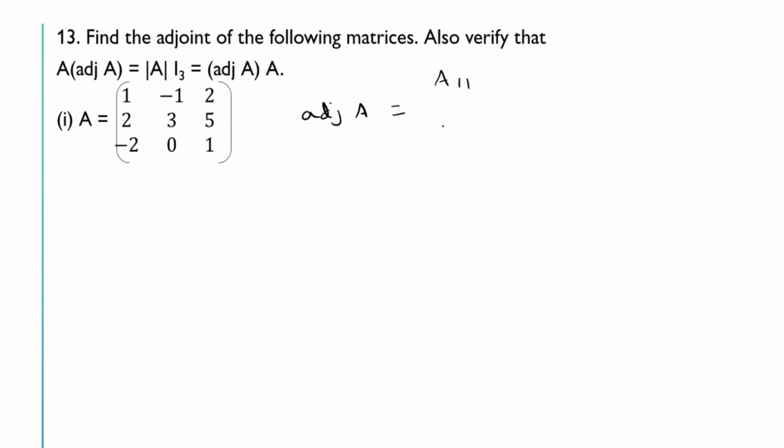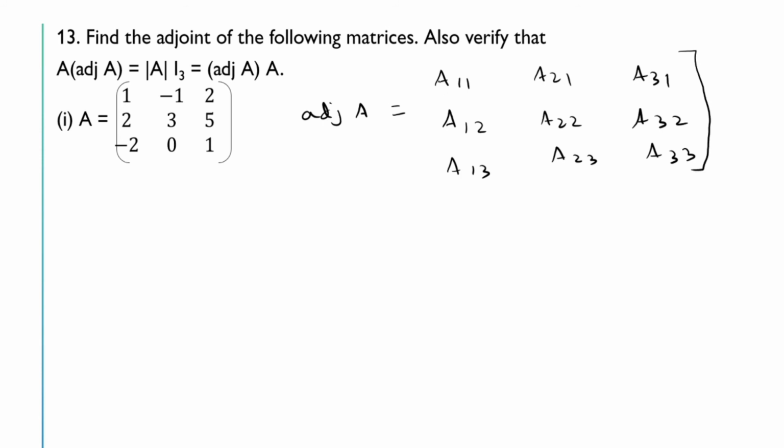So adjoint of A is the cofactors of A11, A12, A13, A21, A22, A23, A31, A32, A33. So this is how we have to find the adjoint of a square matrix of order 3.